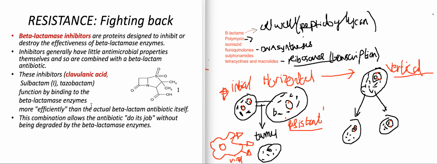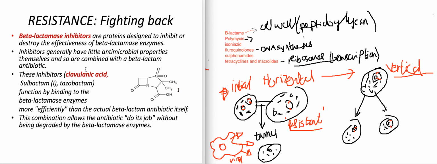If you go back, resistance fighting back. Beta-lactamase inhibitors are proteins designed to inhibit. These inhibitors, clavulanic acid, sulbactam, tazobactam, function by binding to the beta-lactamase enzyme.